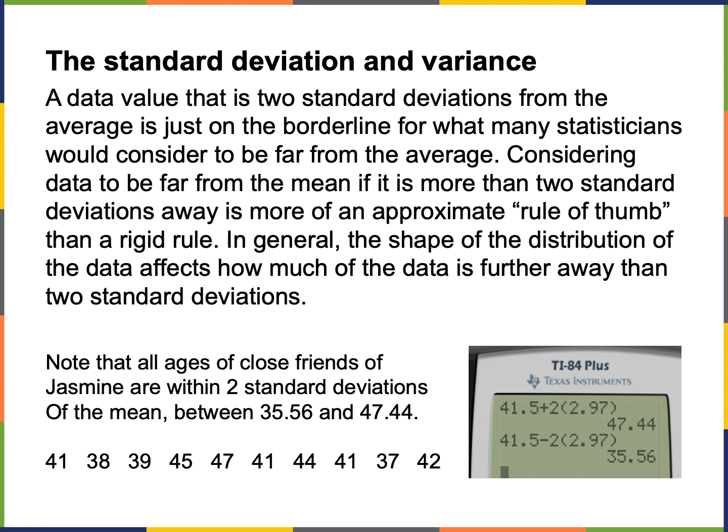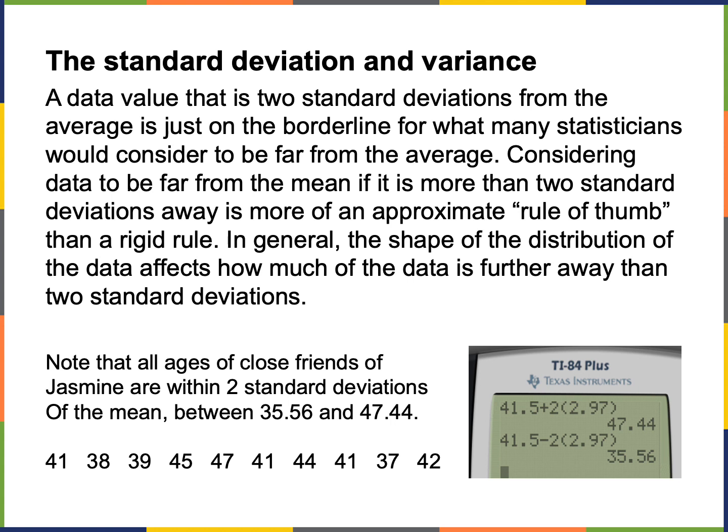So let me restate this in a different way. For example, here in this instance, the mean age of Jasmine's friends is 41.5, yeah? So then we calculated the standard deviation to be 2.97, okay? Think of a standard deviation as a fixed distance.